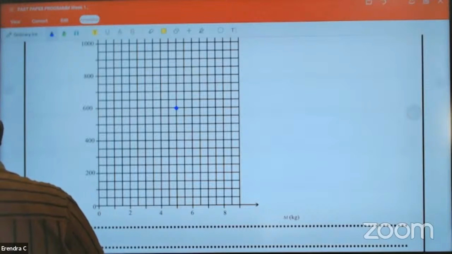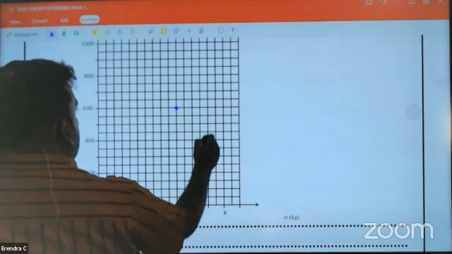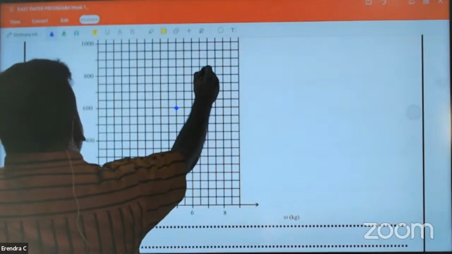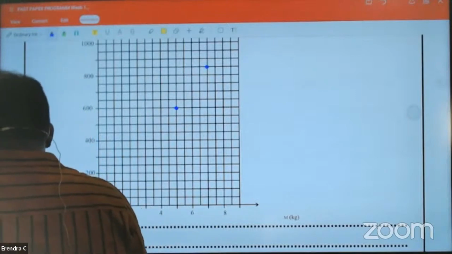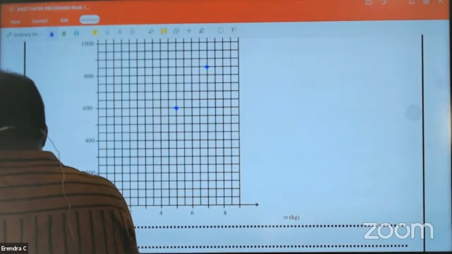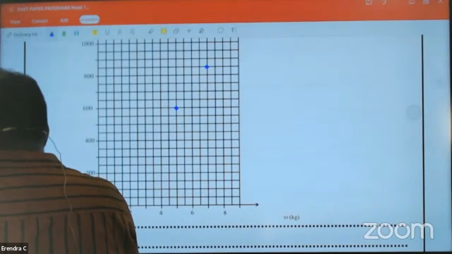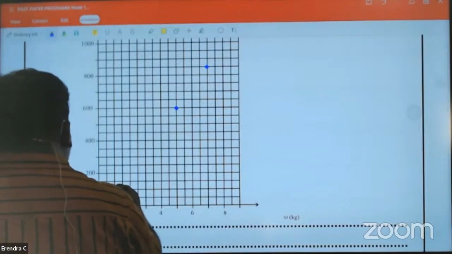It goes through 7850. Here you go. Goes through that. What else? 100 also I think it goes.